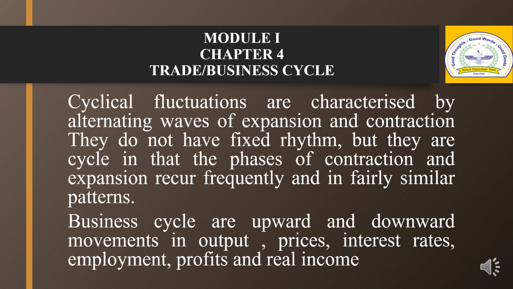They do not have fixed rhythms, but they are a cycle in the phases of contraction and expansion. Whereas John Maynard Keynes explained that a trade cycle is composed of periods of good trade characterized by rising prices and low unemployment percentages, alternating with periods of bad trade characterized by falling prices and high unemployment percentages.